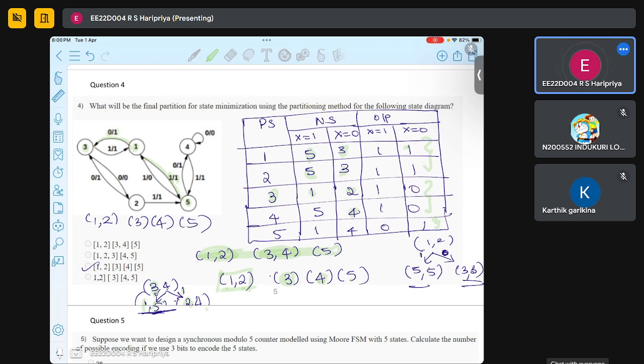So if I take state 2, input is this, so it goes to 5. I will fill here 5. And output is 1, so I will fill 1 here. And from here, if I give 0, it goes to 3. So I will fill 3 here, and output is 1. So in this way, we will. Yes. Any other doubts?